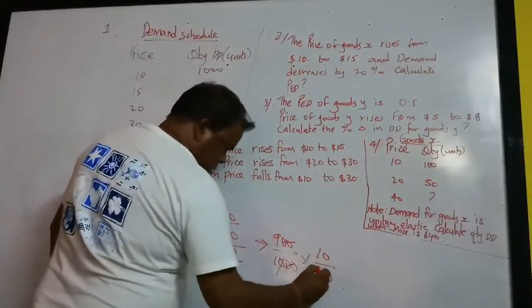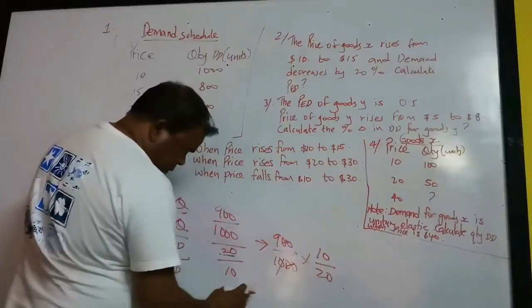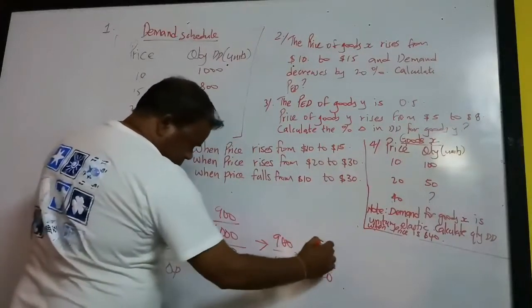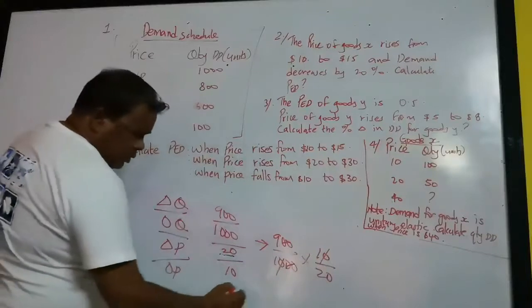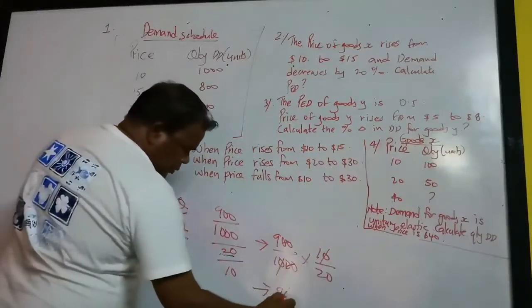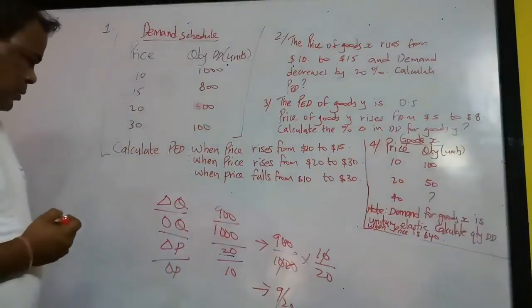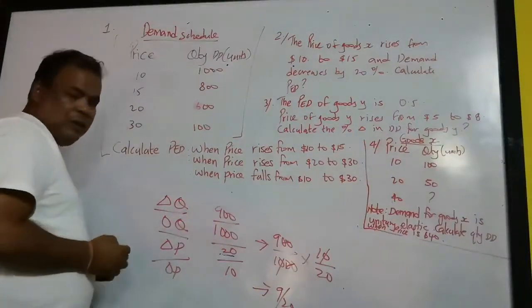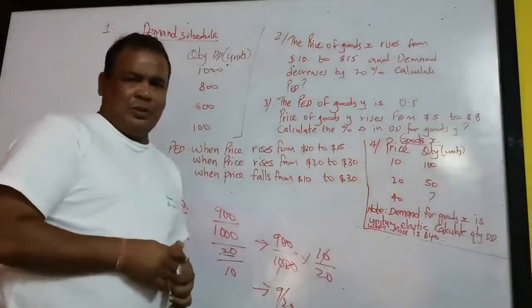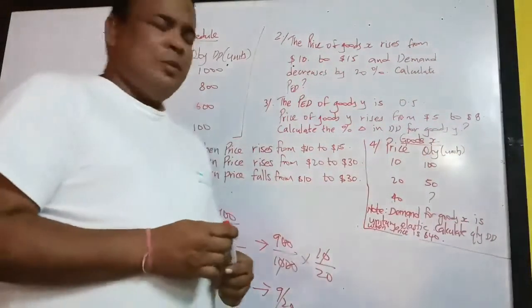Here we are. 9 over 20, we can still divide it, use a calculator and so on.